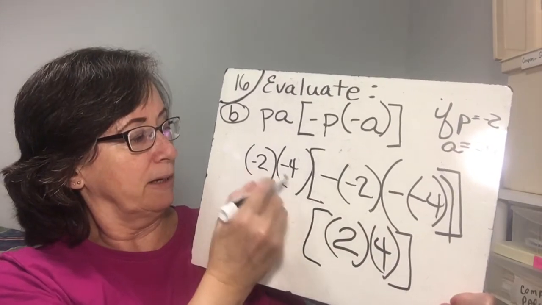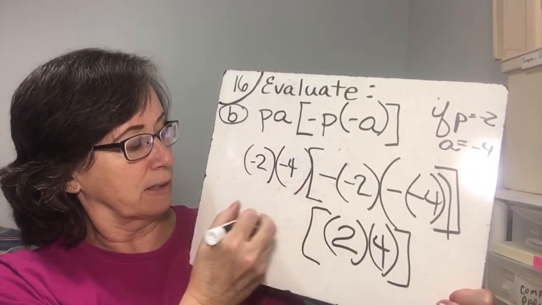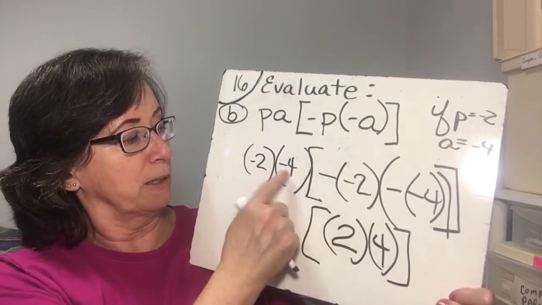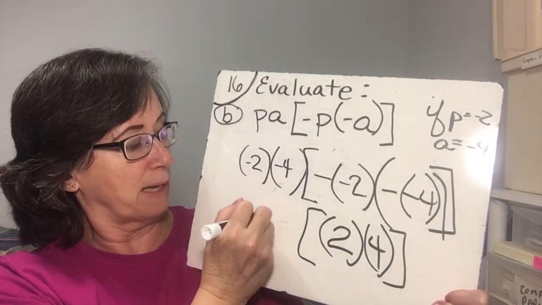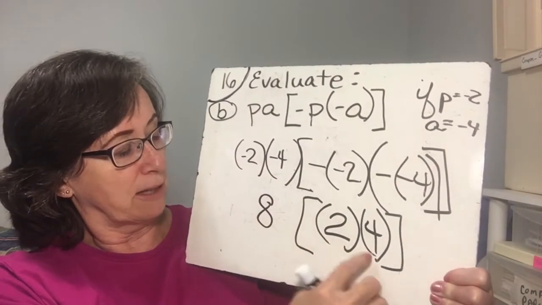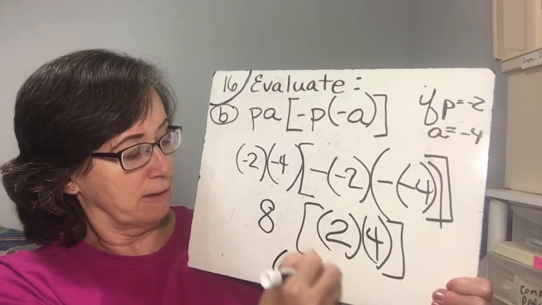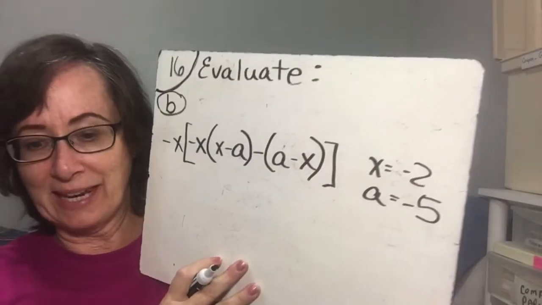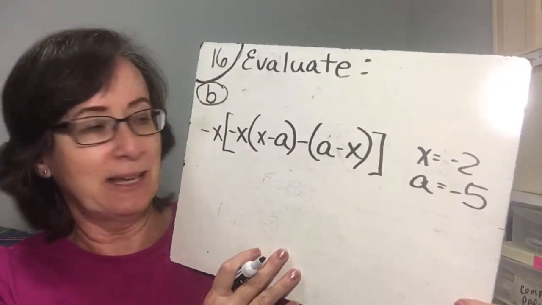And then over here, this is multiplied together also. So we can either tag it along and wait a minute, or we can go ahead and do it because it's all multiplication. Negative 2 times negative 4 is positive 8. This is also an 8, so 8 times 8 is 64. And we're done.